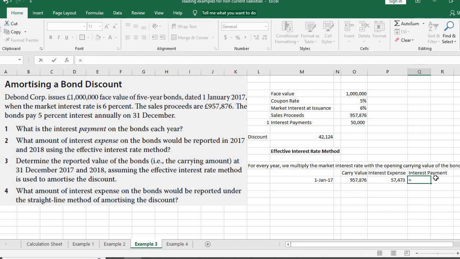How is this determined? It is determined by the face value times your coupon rate, right? So 50,000 is the interest payment.